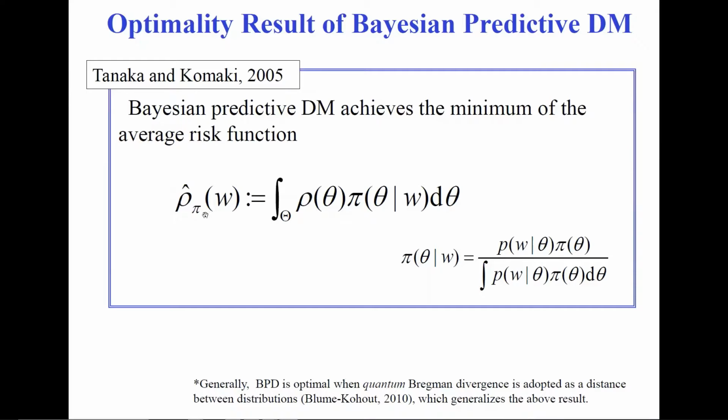We can see that it is a simple average of density matrices using the posterior distribution of the parameter theta. Well, this is the optimality result.